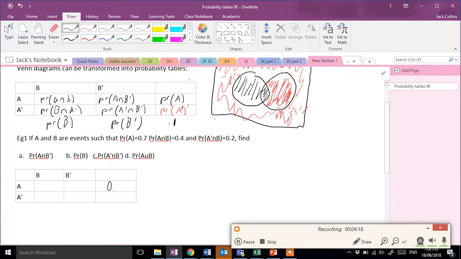So that's 0.7 would go in over here. Probability of A and B, so that's where A and B intersect, is 0.4. The probability of A dash and B is 0.2.